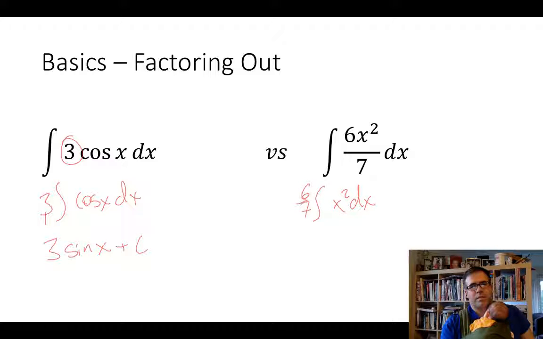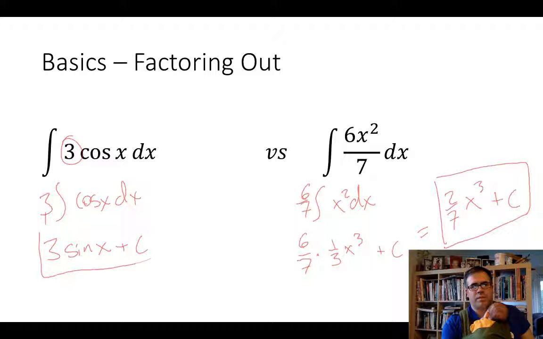Take that integral, you have 6/7 times 1/3 x cubed plus c. And we can cancel that through and see that this becomes 2/7 x to the third plus constant, right? So again, neither of these are groundbreaking. You might do it just as bookkeeping, to make sure you don't forget.